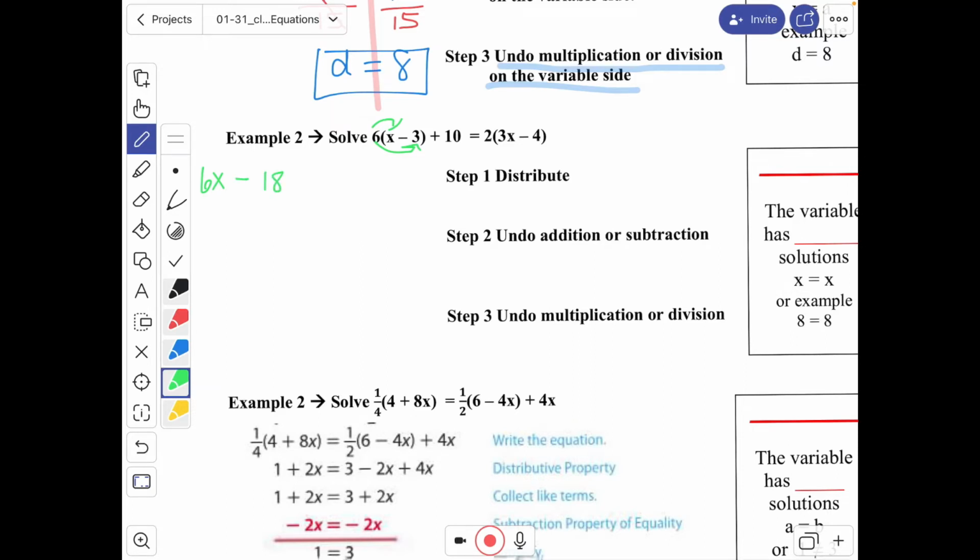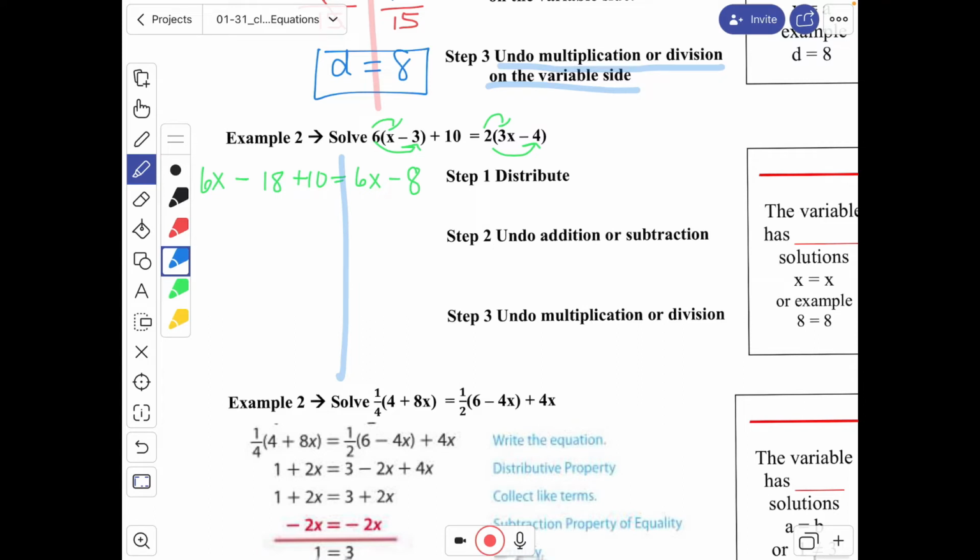And that's a minus sign in front. Plus the 10. On the other side, we have 2 times 3x. So we just multiply 2 times 3, which is 6. So 6x minus 2 times 4, which is 8.